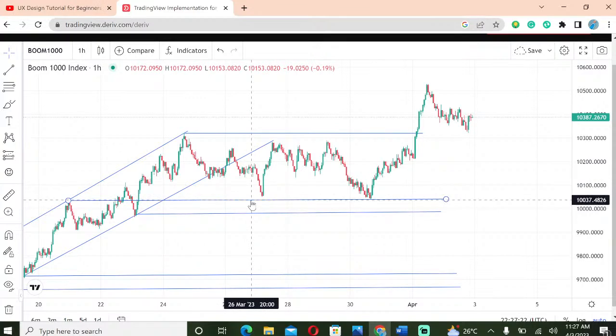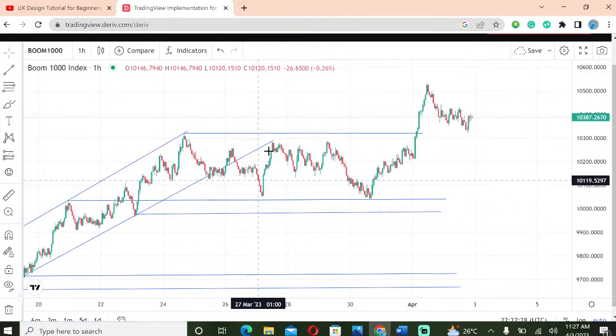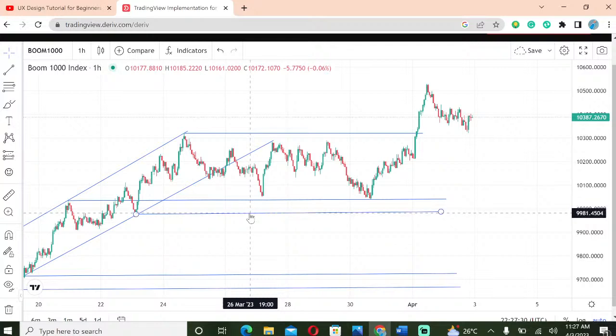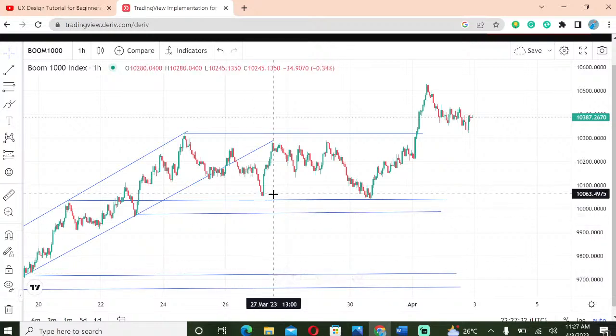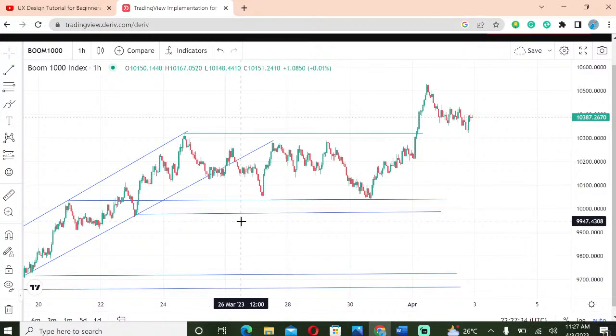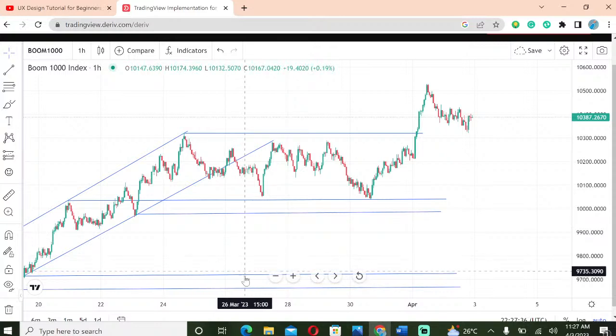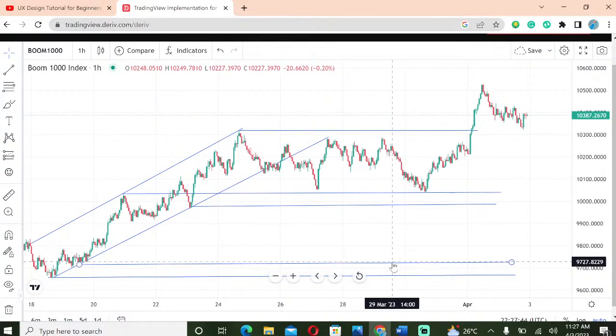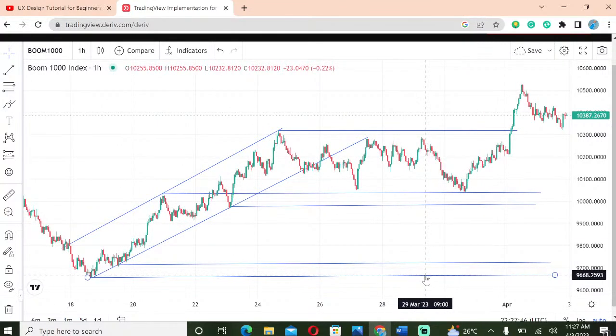If it doesn't spike at this level, it's going to spike at this level, and it's going to reject it back at this level. And if it doesn't stop at this level and you keep on selling down up to this particular moment, it's going to take up a buy, it's going to spike at this level. And if it doesn't spike at this level, it's going to spike at this level.